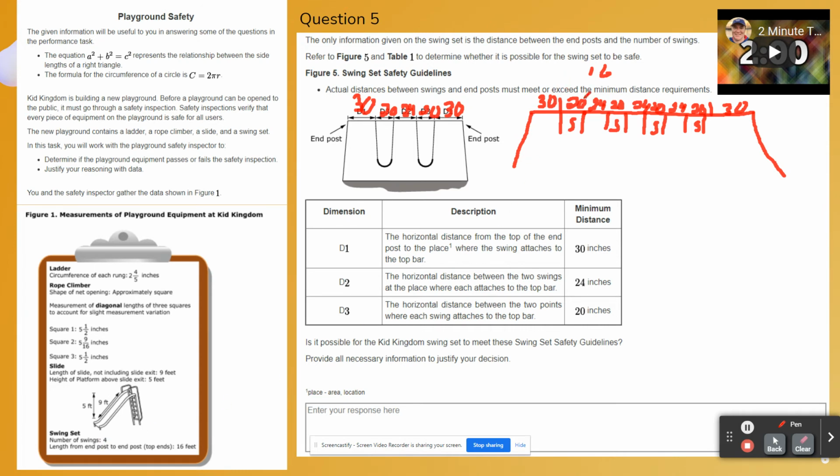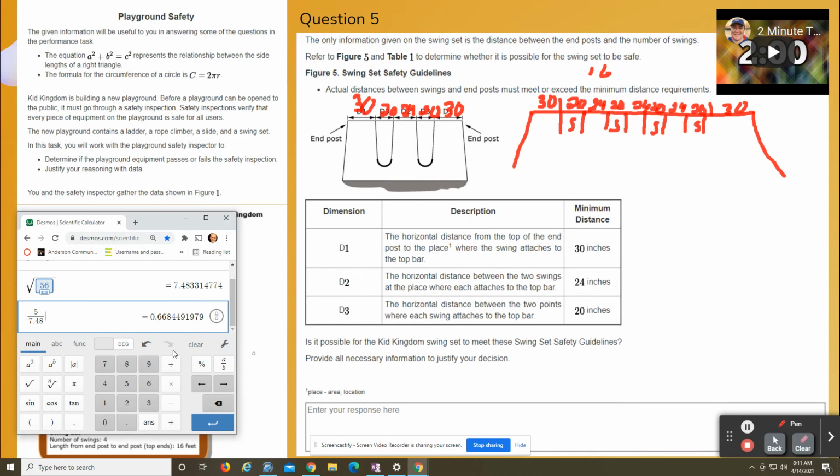So then you're going to add these up. You can use a calculator. 30 plus 20 plus 24 plus 20 plus 24. So we got 30, 20, 24.